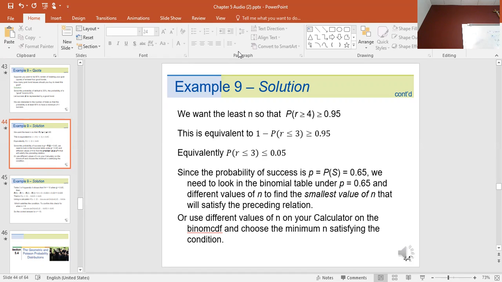Now let's do 9. Binomial CDF, 9, 0.65, 3. If you have a number, let me know. 0.05. Nothing else. It's very important. It's okay.